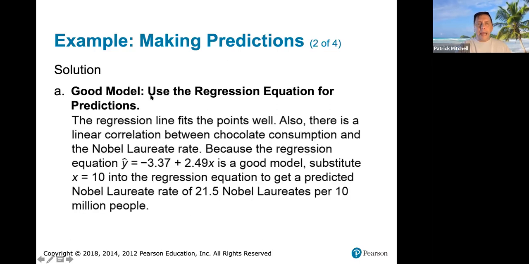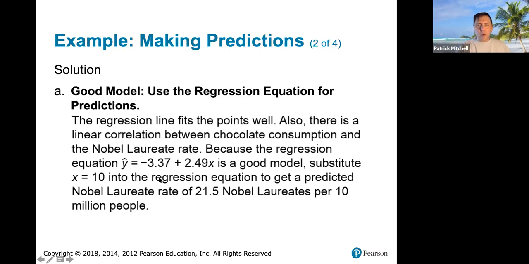For letter A, we did decide that the regression equation was a good model. There is a linear correlation between chocolate consumption and Nobel laureate rate. We determined that in the last section. So because this equation is a good model, we'll substitute X equals 10 into the regression equation.